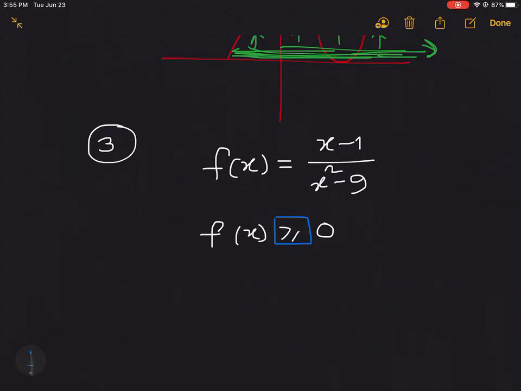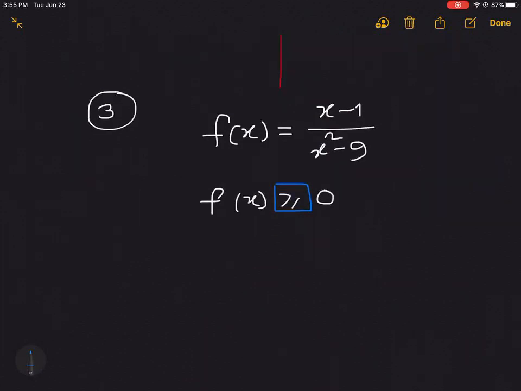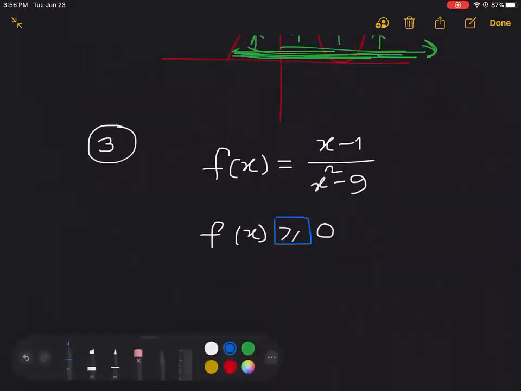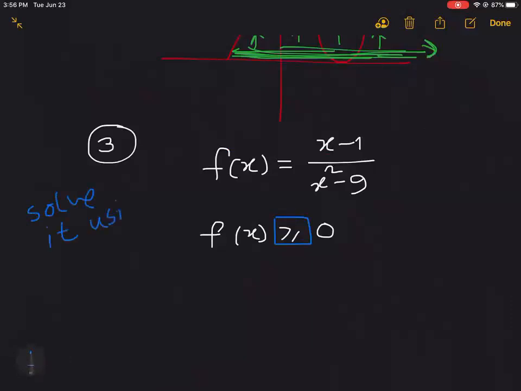Okay, next, first of all, if we want to draw this, what happens? If you remember, let's say we solve it using graphs.